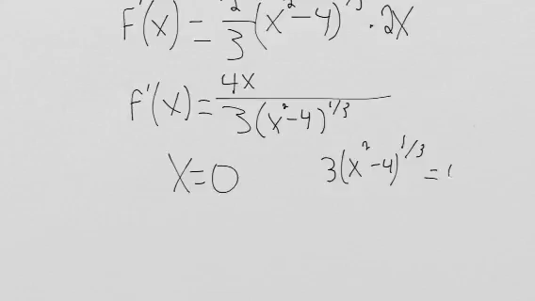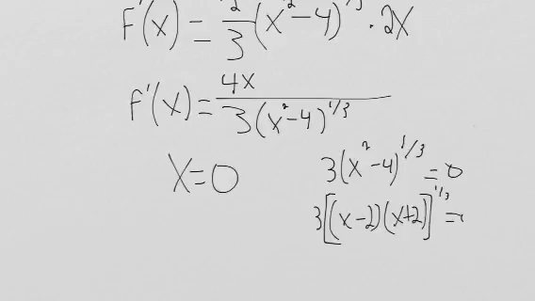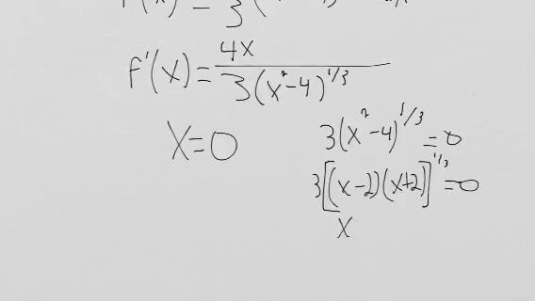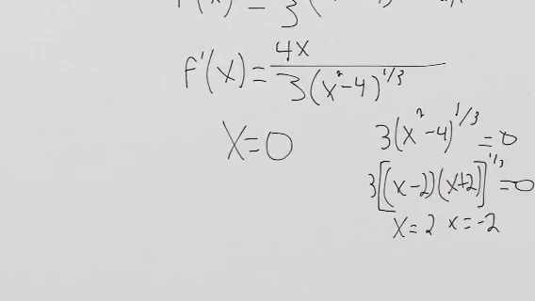Okay, so the inside of that is going to be x minus 2 times x plus 2, and all of that is raised to the 1/3. It's equal to 0. Okay, so then we say x equals 2 and x equals negative 2. So we're going to make our table now with our value that made the numerator 0 and also our values that made the denominator 0.